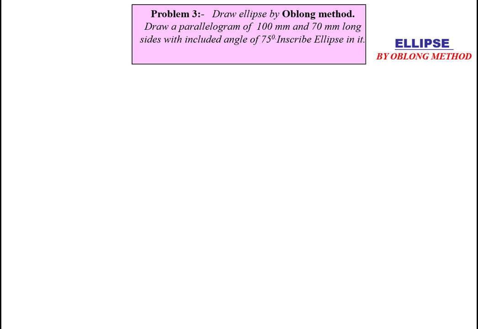Here again we have major axis dimension 100 mm and minor axis dimension 70 mm. But here we have to draw a parallelogram with a 75-degree angle. So we have to draw the ellipse in this parallelogram.